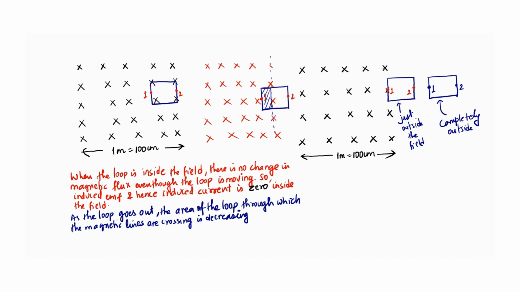And we know the relation: magnetic flux phi equals the dot product of magnetic field with area vector. Due to which, flux is decreasing.